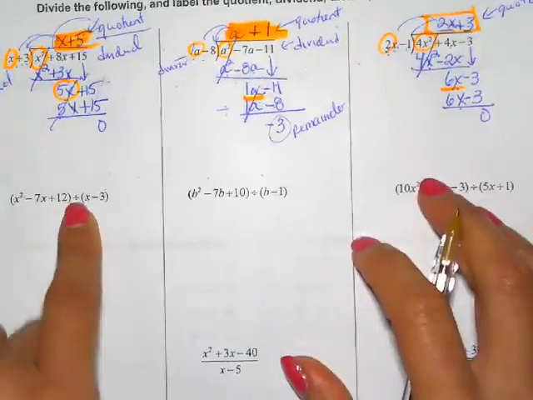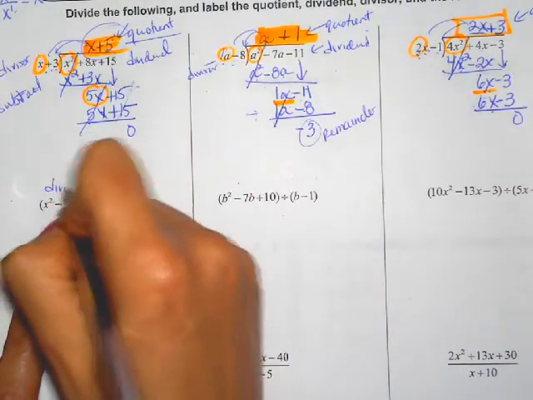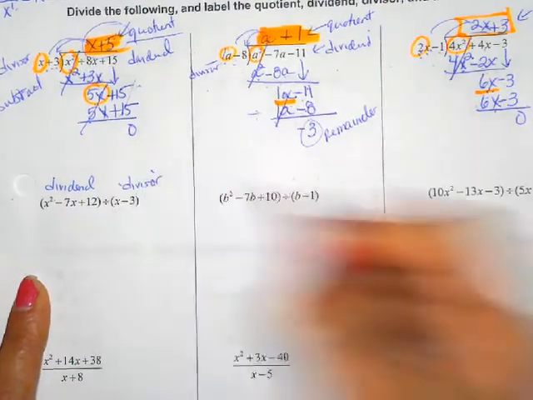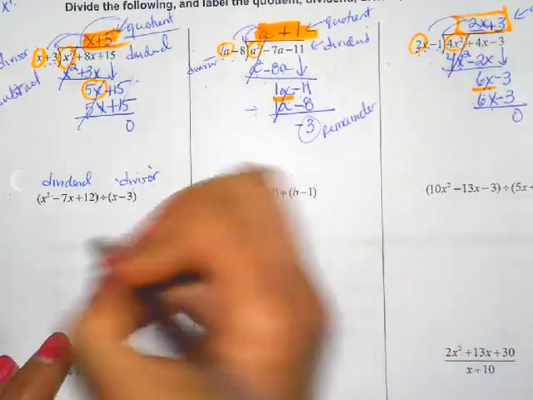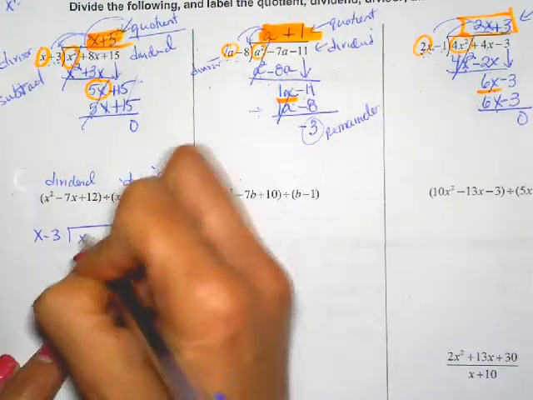Alright, on this second one, we have parentheses, a division sign, and then an x minus 3. That means that this is our dividend, and this is our divisor. The one behind the division sign is always the divisor. That one is the one that goes outside. The dividend is the one that is inside.